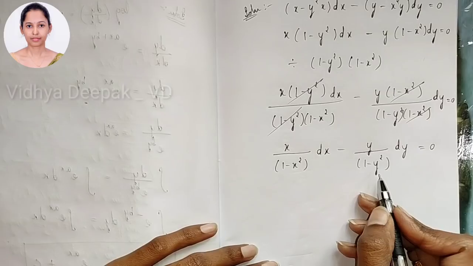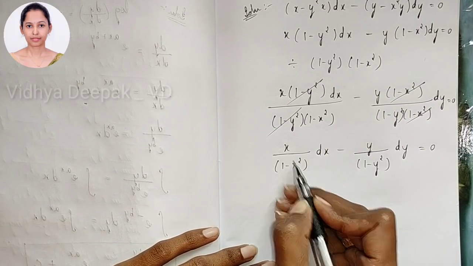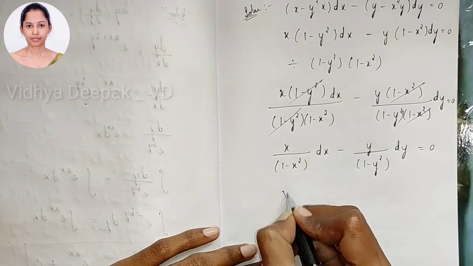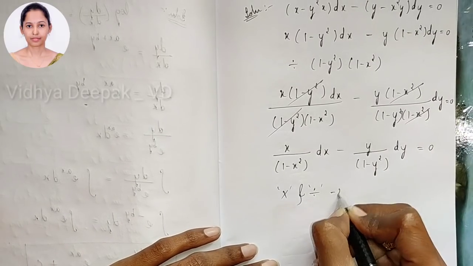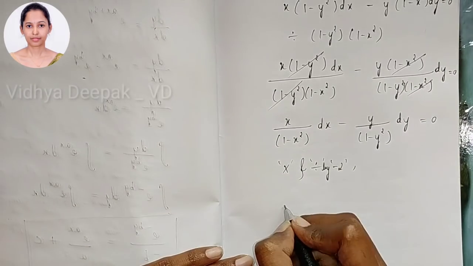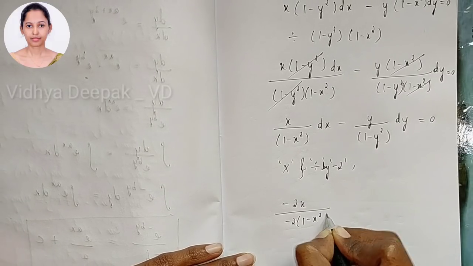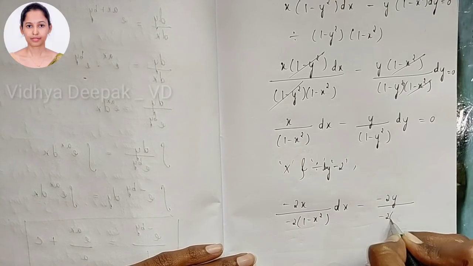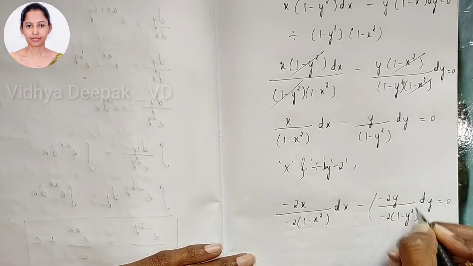If I take the integral on both sides, if you observe properly, if I differentiate the denominator, I should get −2x here, and here −2y. So I multiply and divide this line by −2. What do I get? −2x divided by −2(1 − x²) dx minus −2y divided by −2(1 − y²) dy is equal to 0.